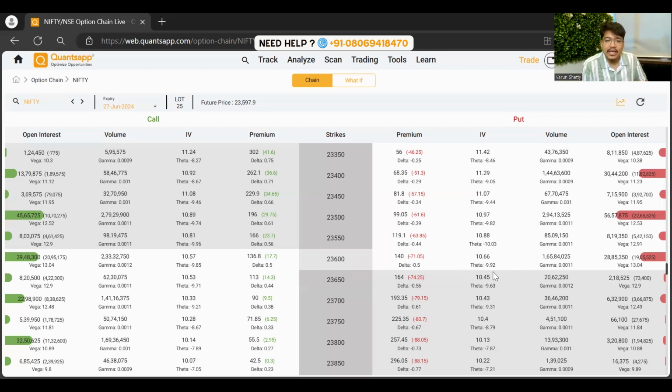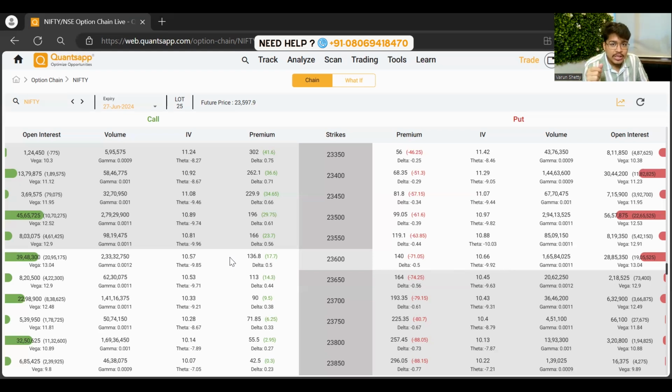So let's say if option writers are correct, then the market will move by 10% this year, 10.57% to be precise. Whether it will move above or below does not matter, but the market will move by 10.57% this year. So that is the implied volatility percentage number.